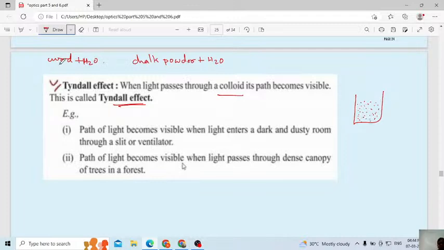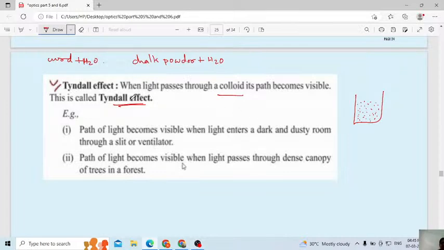Take one spoon of curd mixed with water; you can still see the curd particles roaming in the water medium. Chalk powder also. Don't take salt in water, or sugar in water, because that dissolves; that is a true solution, a different case.